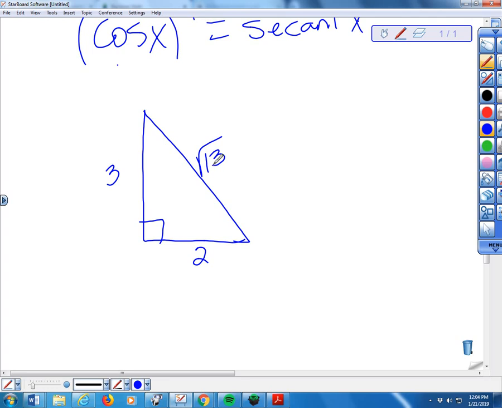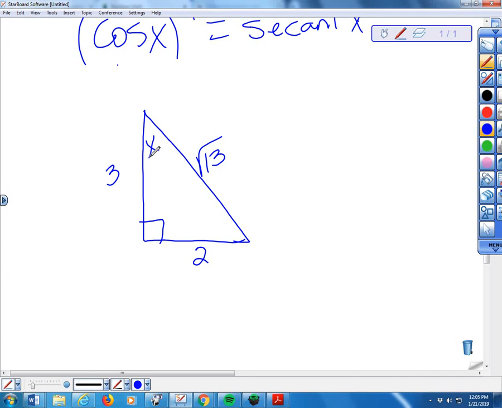Now, how do I find this angle? There's several ways I could find it. None of them are wrong, but they're all trig functions. What trig function, now that I've labeled my triangle, can I use to solve for the angle x?